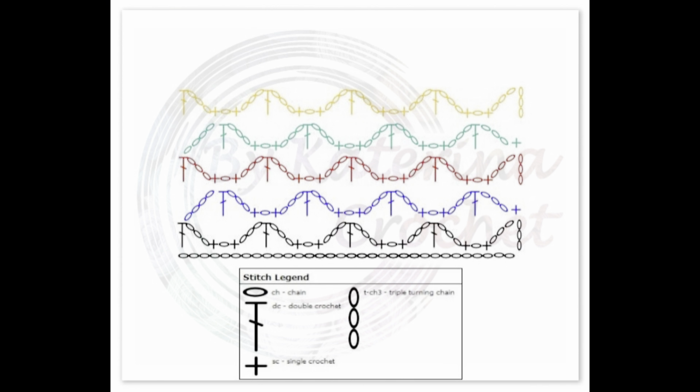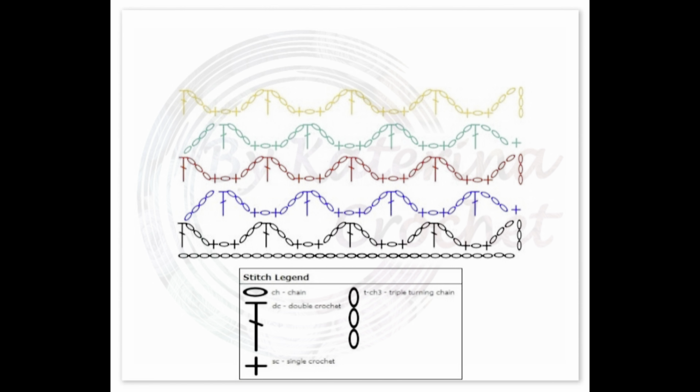Now for my sample, I can count the stitches that I have in the stitch chart in the photo that I'm looking at, and I can start chaining the same number of stitches for my gauge swatch.